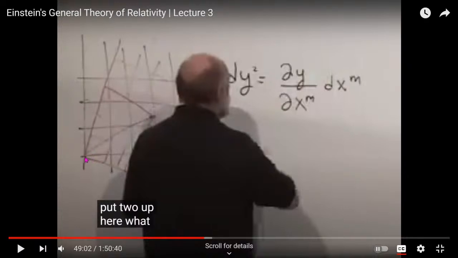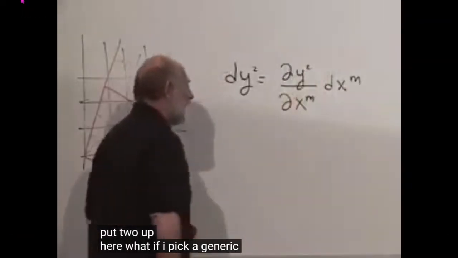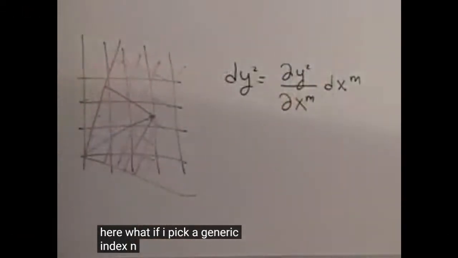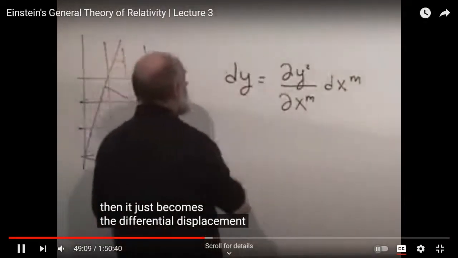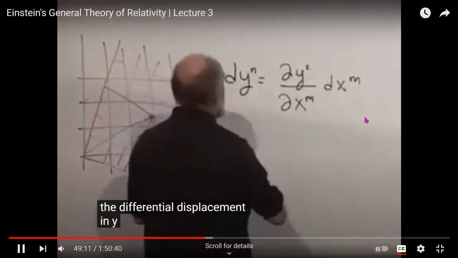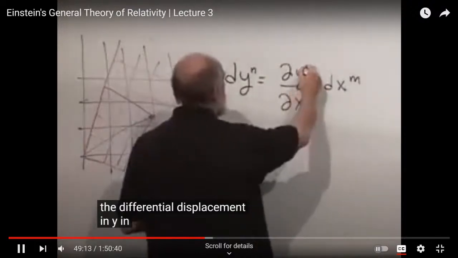But what is it? Is this line y2, or is this line y1? Which line is it? What if I pick a generic index n? Then it just becomes the differential displacement in yn.